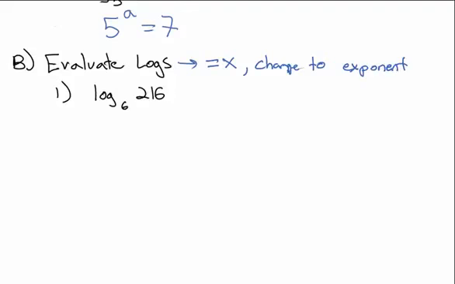In other words, for now we're going to say it's equal to x. And whenever we get our solution for x, that must be what log base 6 of 216 is.